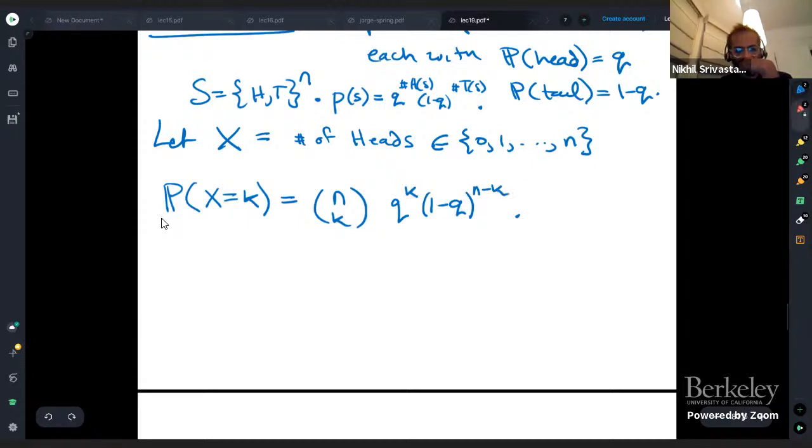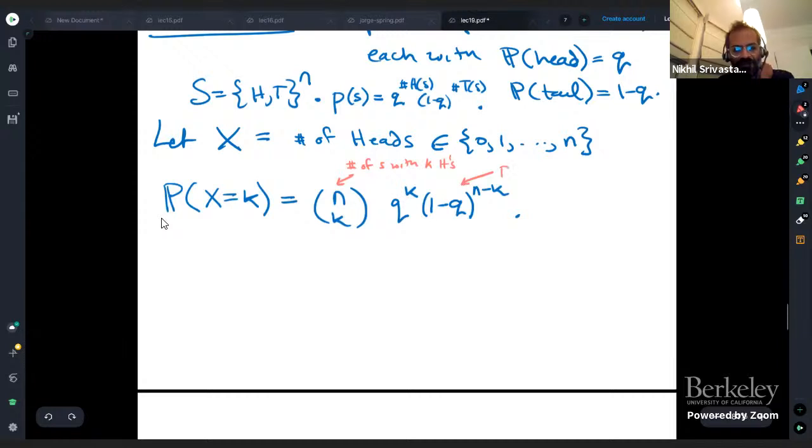So just to rearrange, this is the number of arrangements, okay, you know what I mean. It's the number of ways to have a string with k H's and n minus k T's. But this is different from counting, because the bias of the coin now introduces the second term.